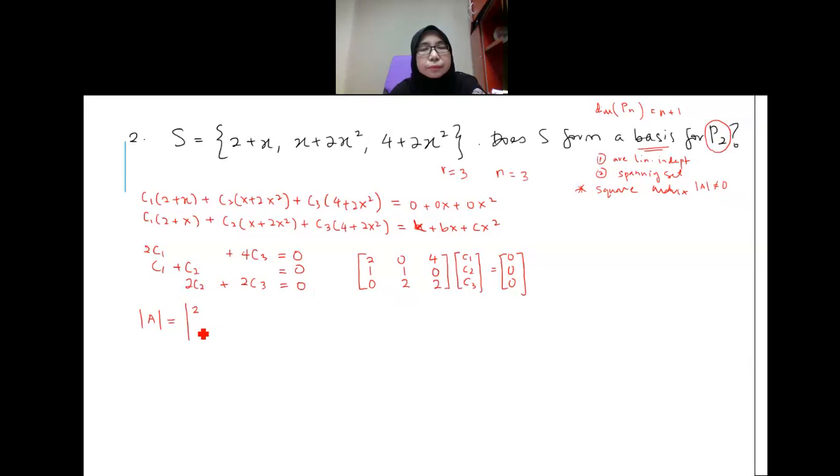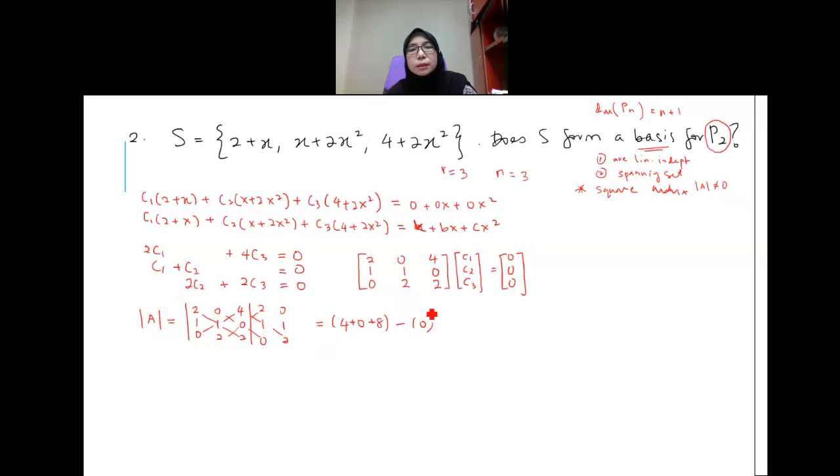2 1 0, 0 1 2, 4 0 2. Add 2 columns: 2 1, 0 1, 4 0. For Sarrus, bottom minus top. Bottom we got here 4, then 0 plus 0, plus 8, minus top 0 and 0 and 0, all 0.